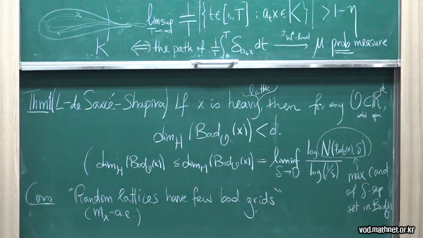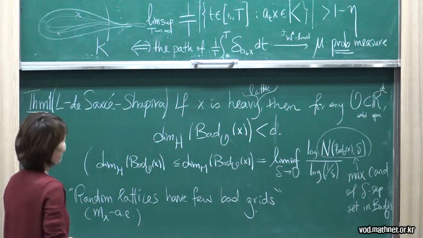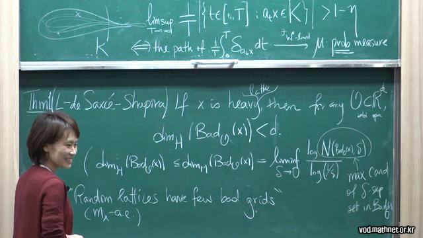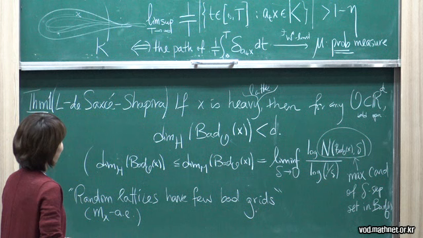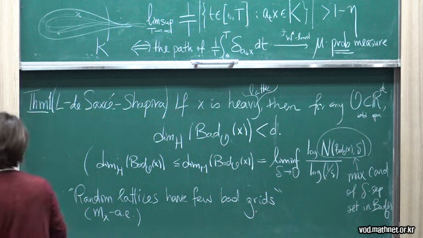How does the theorem imply the corollary? For m_X almost every point, you have ergodicity of the geodesic flow.